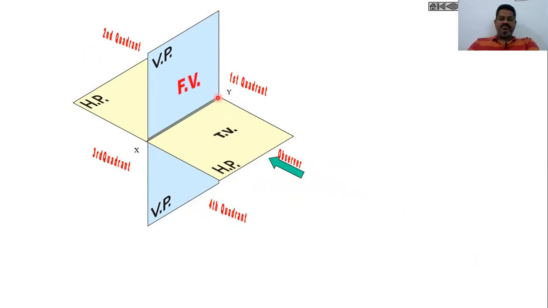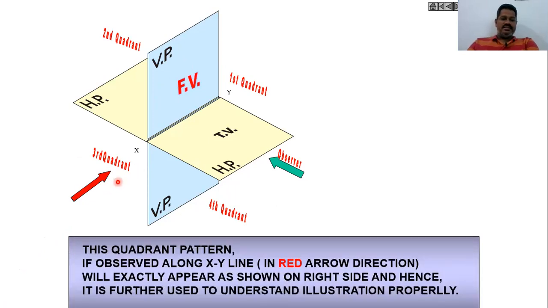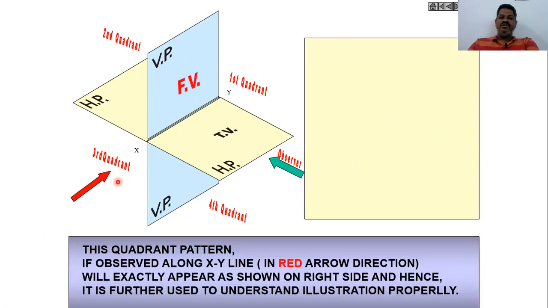When the observer is standing in front of the vertical plane in the first quadrant, the front view will come on the vertical plane like this. The front view of the object will be projected onto the vertical plane. Then when you see from the left side view like this, the projections will look like this.